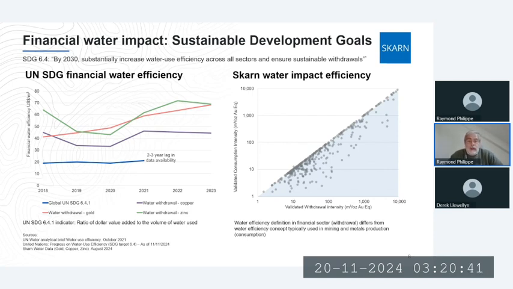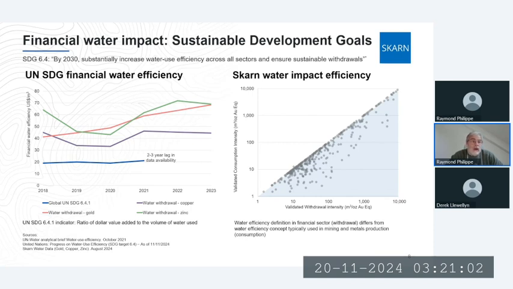I also mentioned one important point on the left side: there is a lack of data availability on the publicly available UN SDG financial water efficiency data, and what has been published so far is up to 2021.